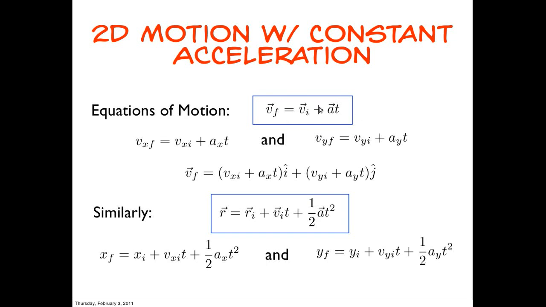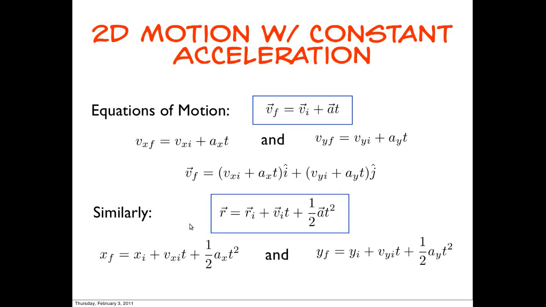If we were trying to use this equation to solve a problem, we would need to solve separately for the x and y directions. So this equation would be broken into its x component and its y component. And if we wanted to put this back together, that means that the final vector is equal to the x component plus the y component.